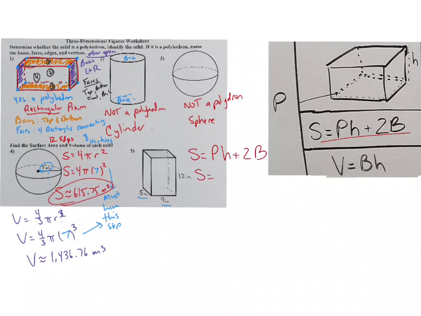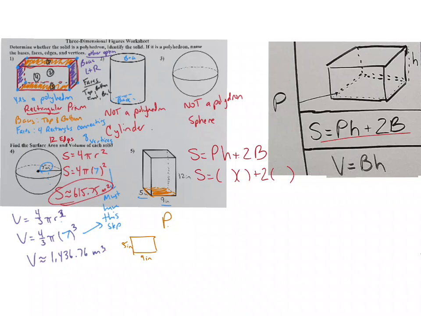So the first thing I'm going to do is write empty set of parentheses for everything. And now I'm going to find big P. So that means I have to determine what the base is. So I'm going to say the bottom is the base because I think that's what most of you would do anyhow. So this is what I'm calling the base. I'm going to pull out this rectangle right here, and to me it looks like it's going to be 5 by 9.